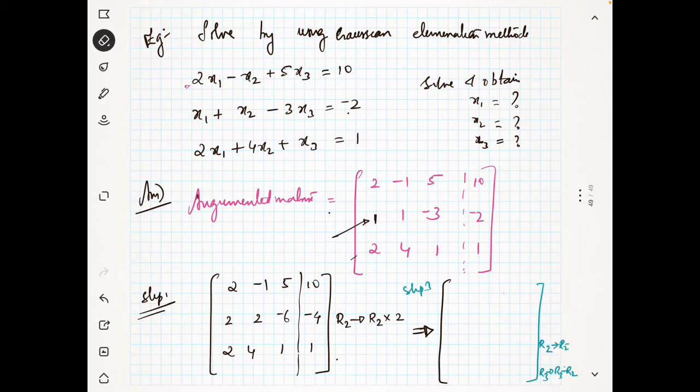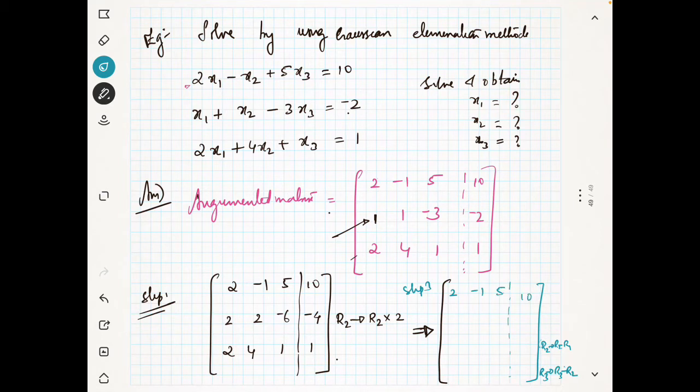Okay, I think I have no space here. There won't be other changes, so anyway, I will write here 2, minus 1, 5, and then this is 10.